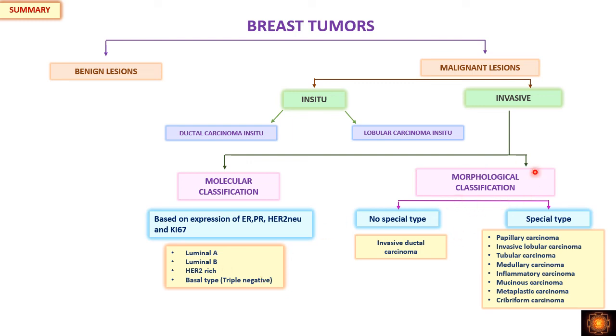Whereas in the morphological classification, we have no special type, invasive ductal carcinoma, and the special types of the carcinomas like the papillary, lobular, tubular, medullary, inflammatory, mucinous, metaplastic, and the cribriform carcinomas. So that finishes the classification of the carcinomas.